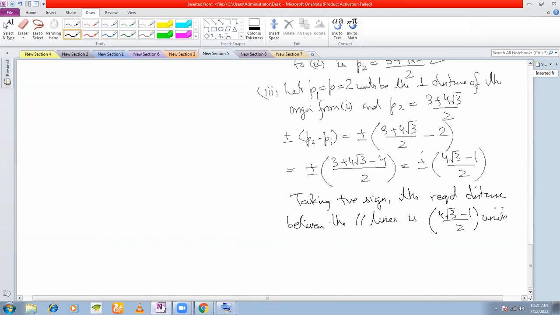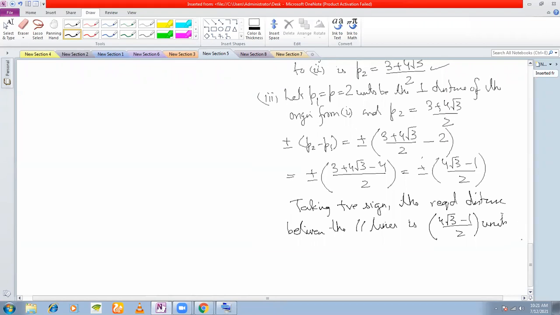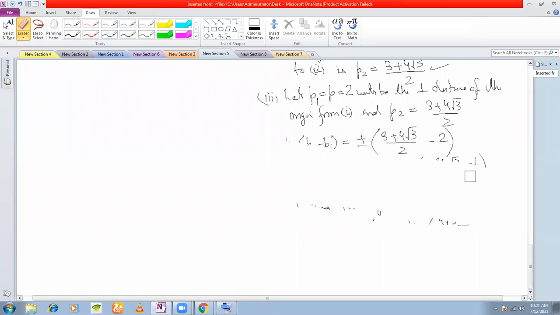So that should be it. You can put the value of root 3 here and find out in decimal what the exact distance is. I'm leaving it here. Moving on to the next problem.